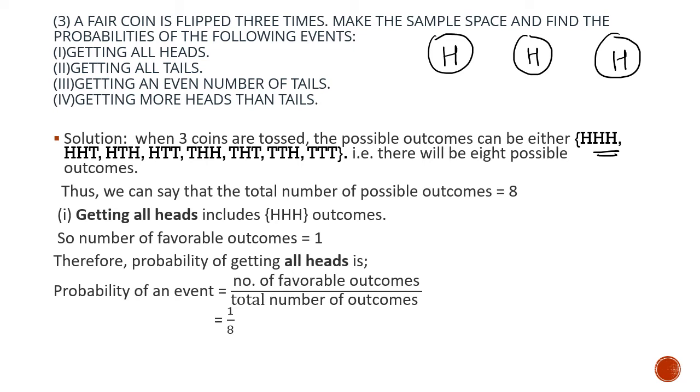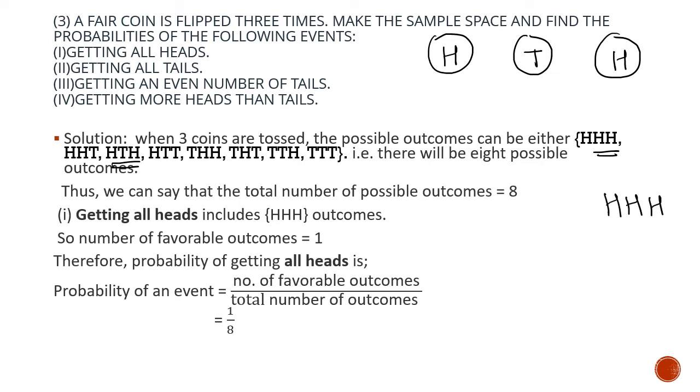Then next, what am I doing? I'm changing this H over here, and replacing it by T. So one of the possibilities here we have is HTH. Similarly, if we go on doing it for each and every one of them, one possibility would be HHH.